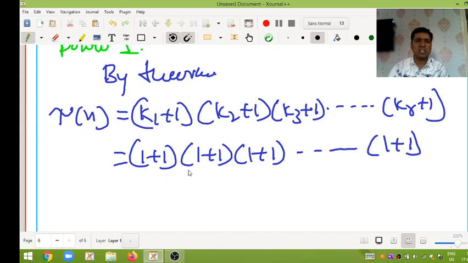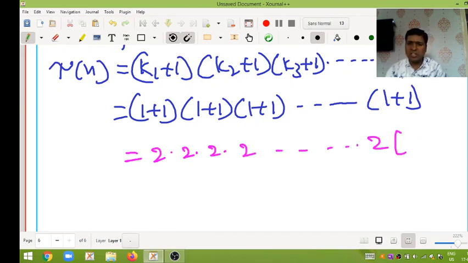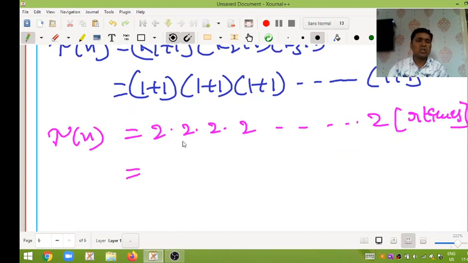So my dear students, see here, 1 plus 1 means how much? 2 into 2 into 2 into 2 into 2, so on, into 2. How many times will it come? kr, so r times will come. This is about the tau of n. So we know that 2 into 2 into 2, 4 times means 2 power 4, 5 times means 2 power 5.